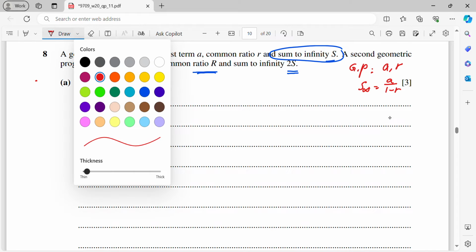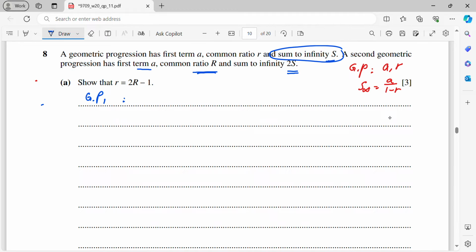So here I will write S equals A over 1 minus r. For the second geometric progression, it's mentioned the sum to infinity is 2S, so replace the S infinity with 2S, and remain the first term as A, and the common ratio is capital R.